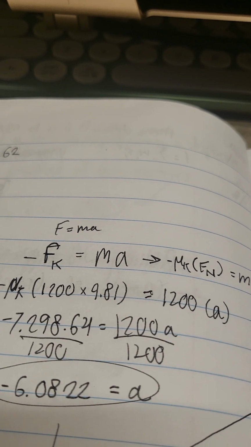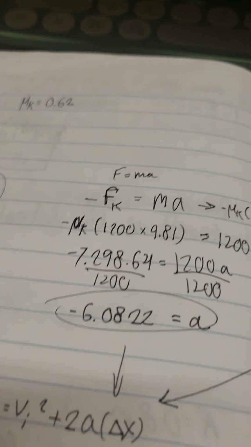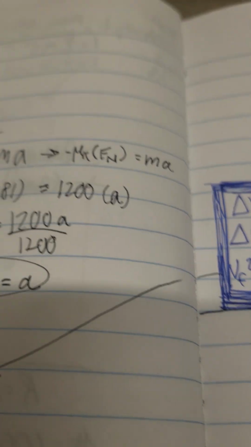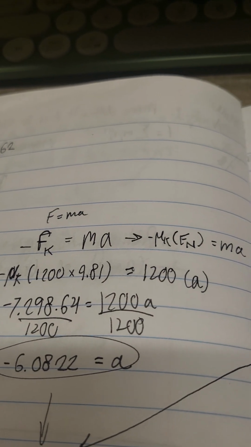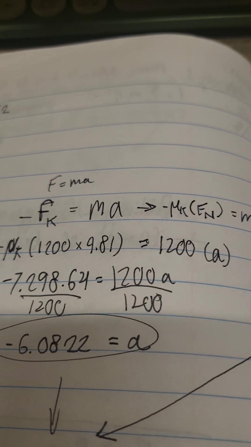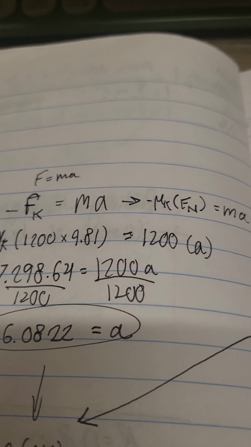So I used that for the car, and knowing that there was no active force acting on the car because it was sliding to a stop in that 10 meters.